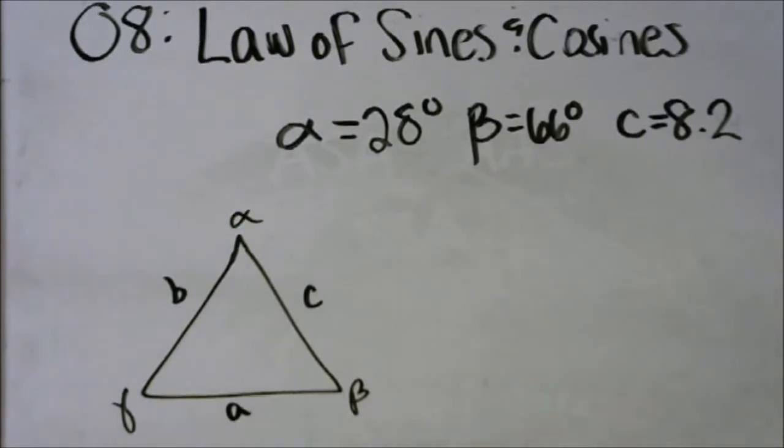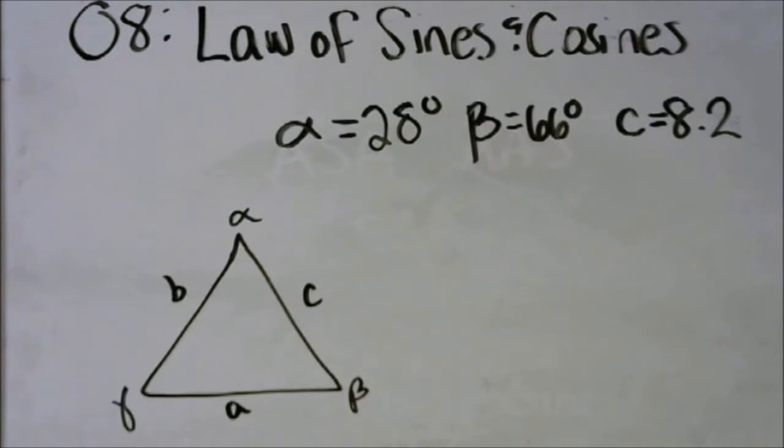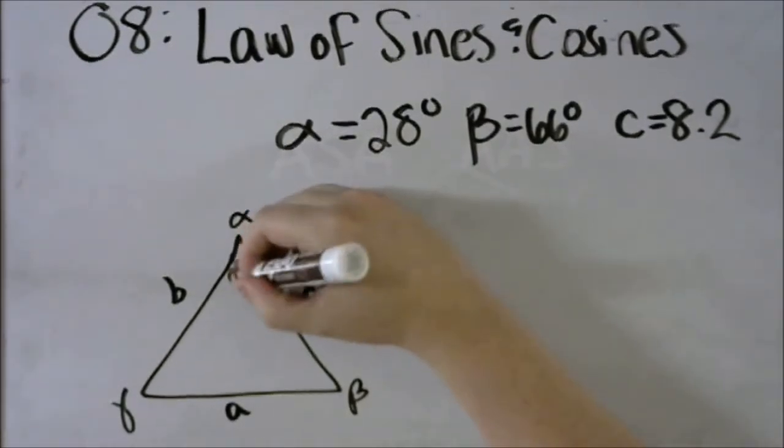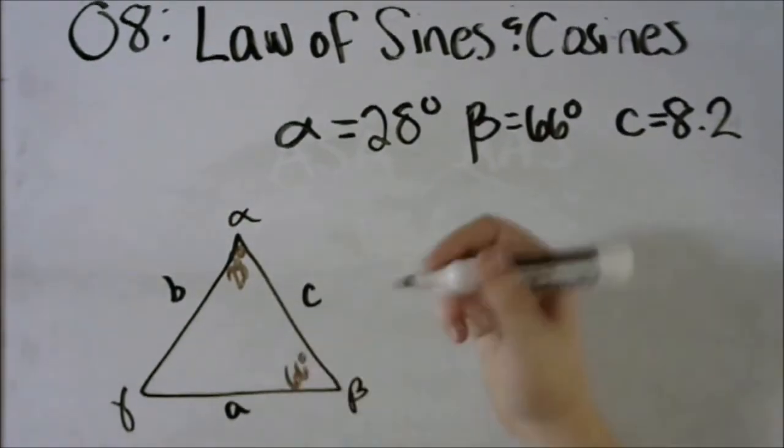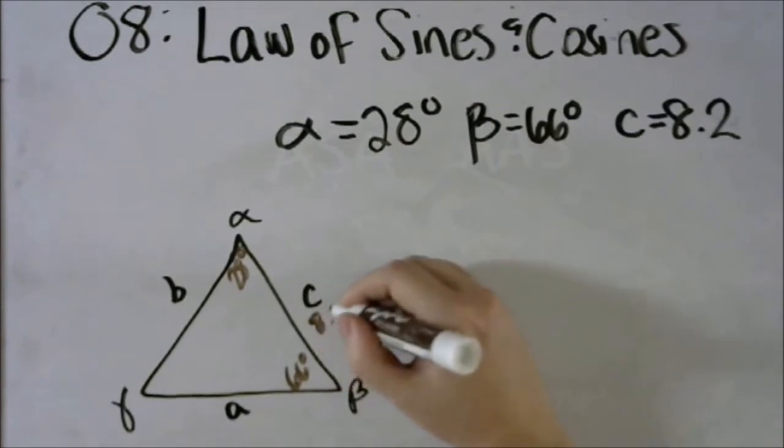Then I need to take my given information and go ahead and fill it into the triangle. So I was given that this angle is 28 degrees, this angle is 66 degrees, and this side is 8.2.